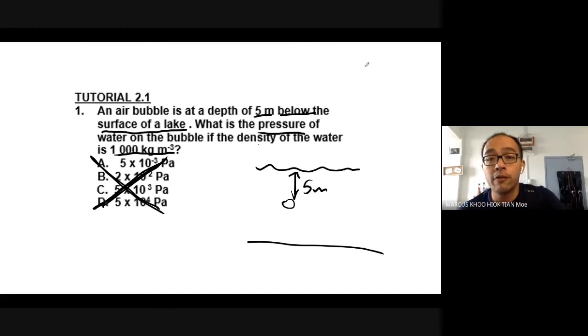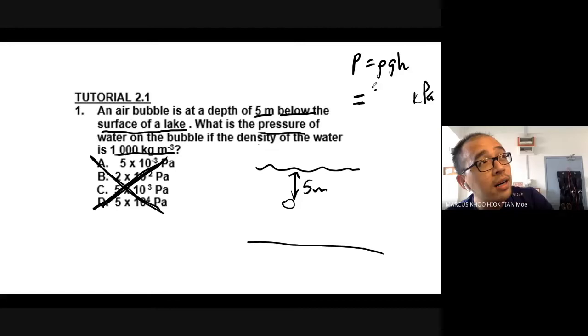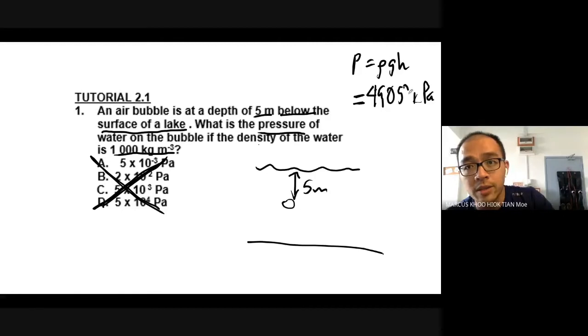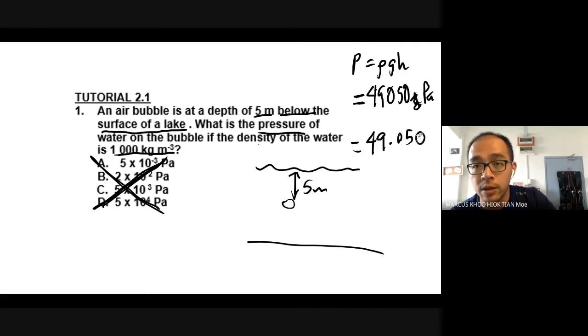Remember our formula is P equals rho g h. 49,050. Actually, no need for kilo. If you want to use kilo, then it will be 49.050 kilopascal, where you divide by 1000.